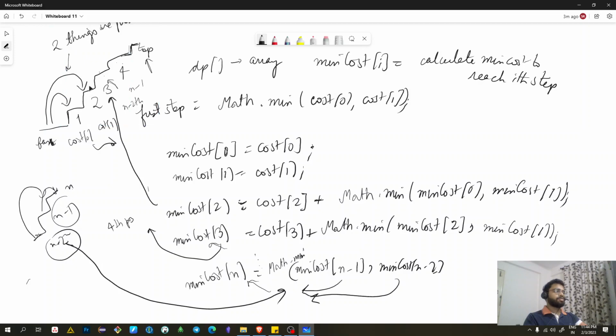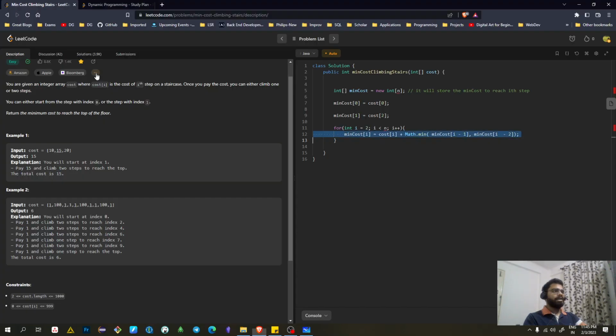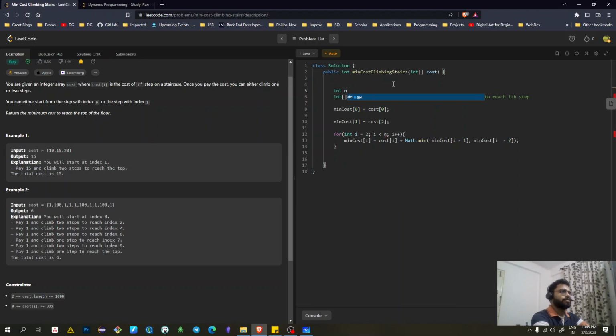Like which was the most optimal choice to reach this step, because we can take only one or two steps. So either of these two were optimal. And how to find that? We use Math.min, and whichever was the minimum, we'll choose that. So we are trying to build our solution with a bottom-up approach, where we are starting from smaller i values and going till n. Sorry, I have to store first.